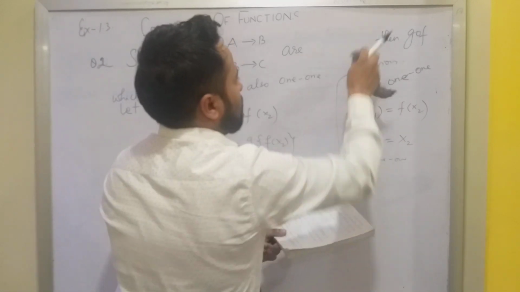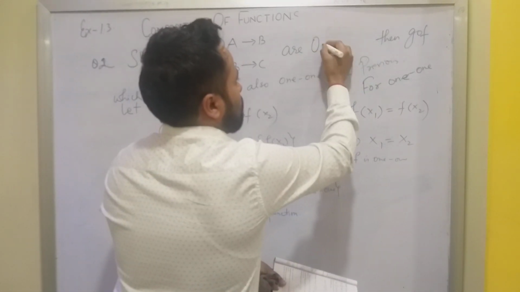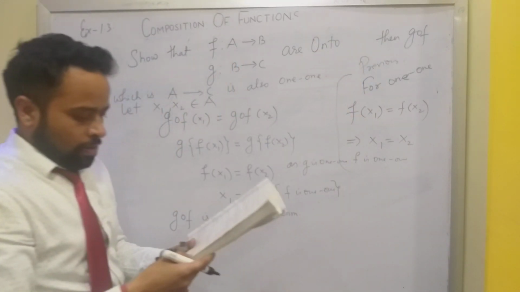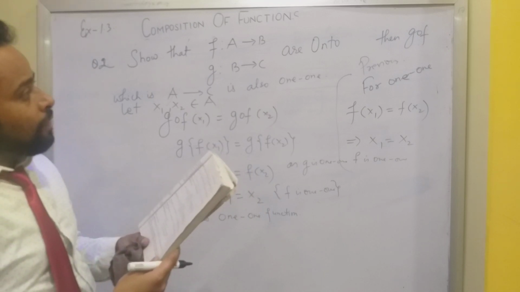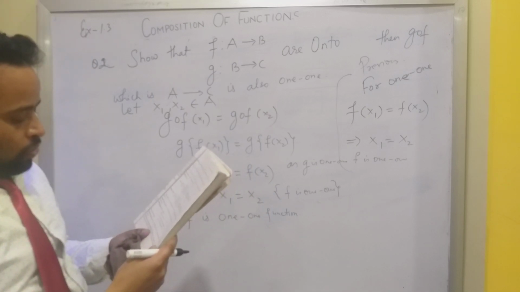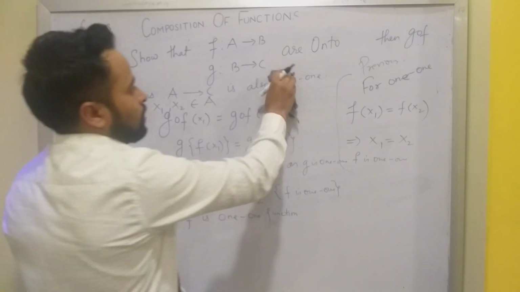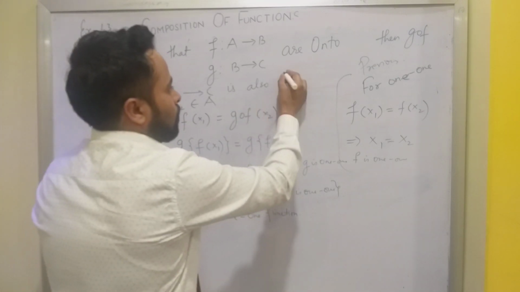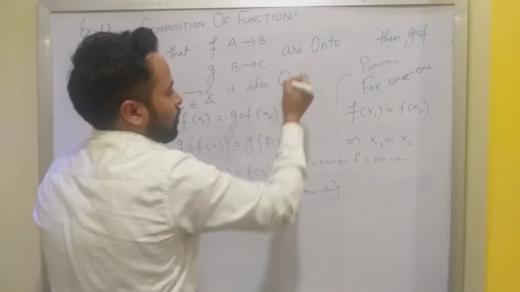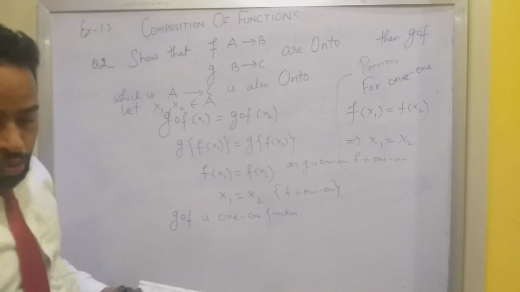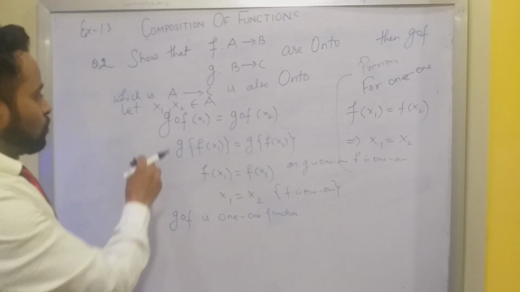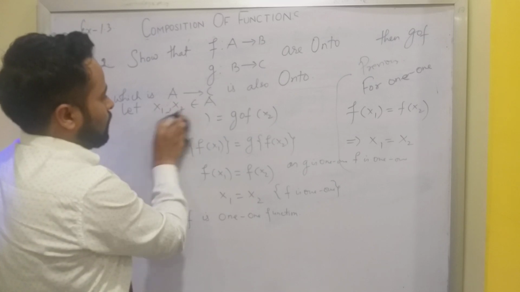Instead of 1 1, they are writing are onto. Then GOF from A to C is also onto. I need to show that. Okay, how do I show this?